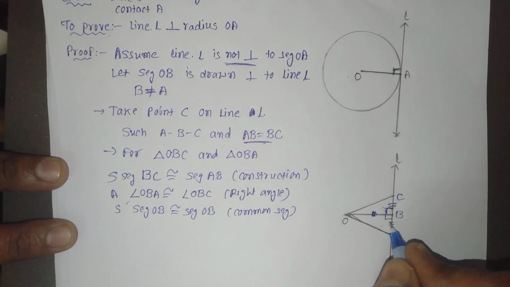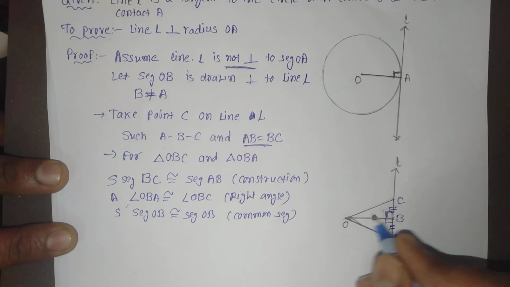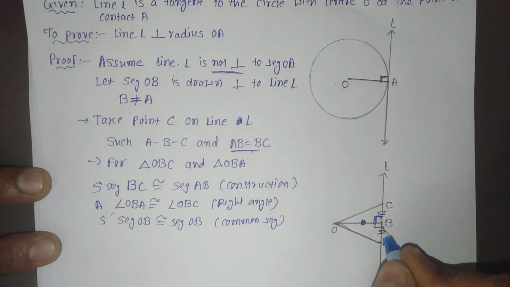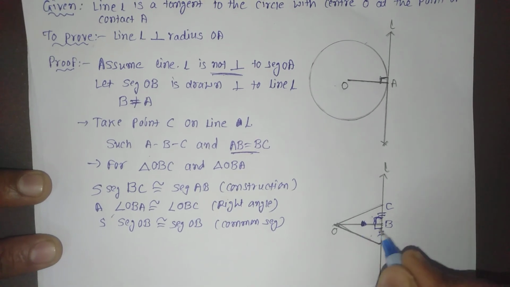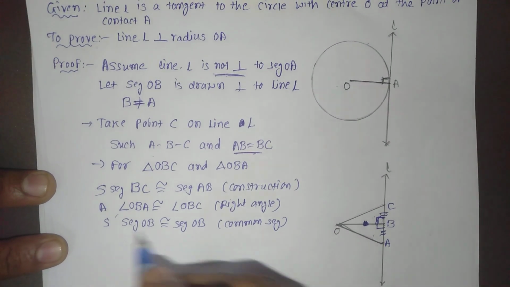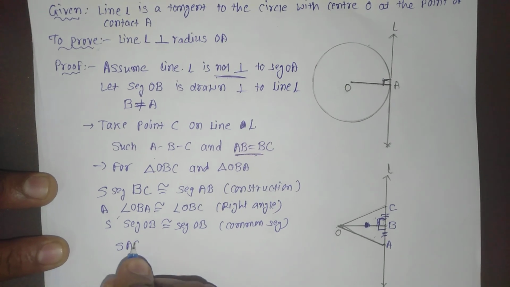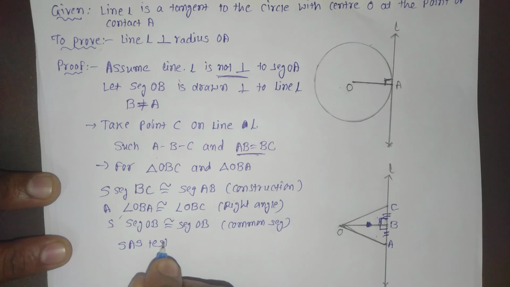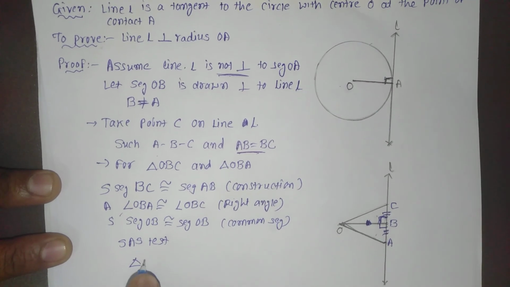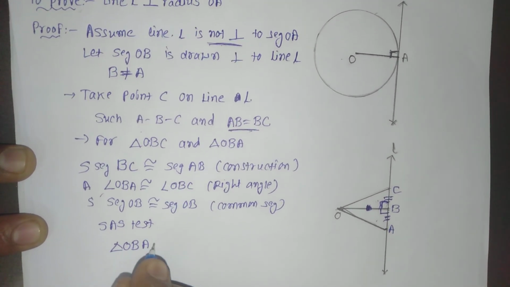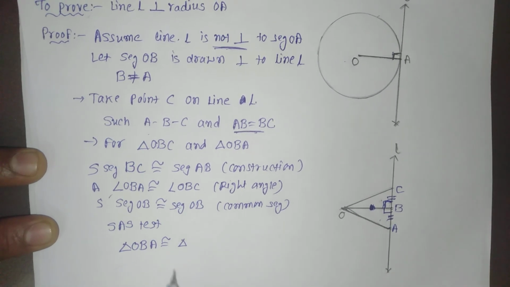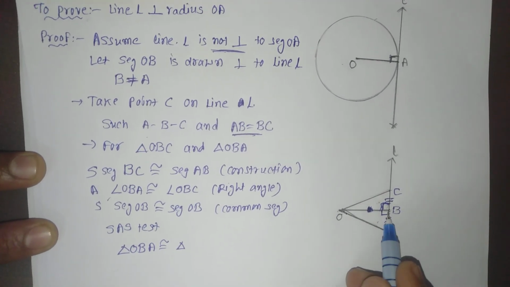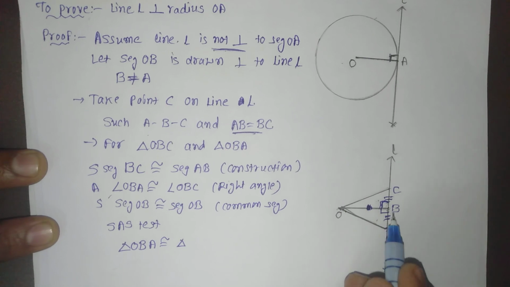This side and this side are congruent. This angle and this angle are congruent, and this side and this side of both the triangles are equal. So by SAS test, we can say that triangle OBA is congruent to triangle OBC.